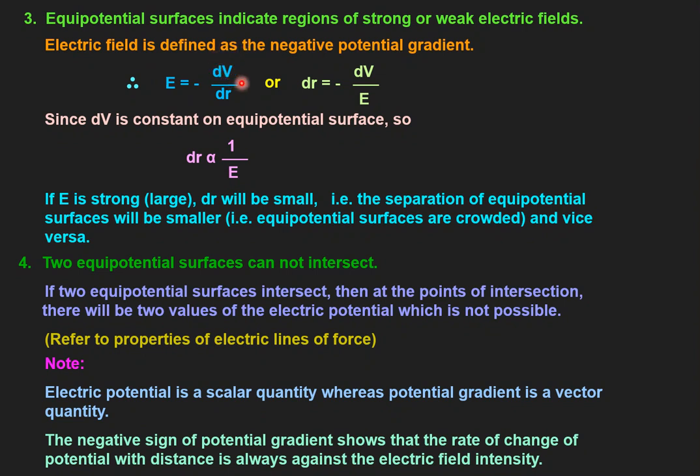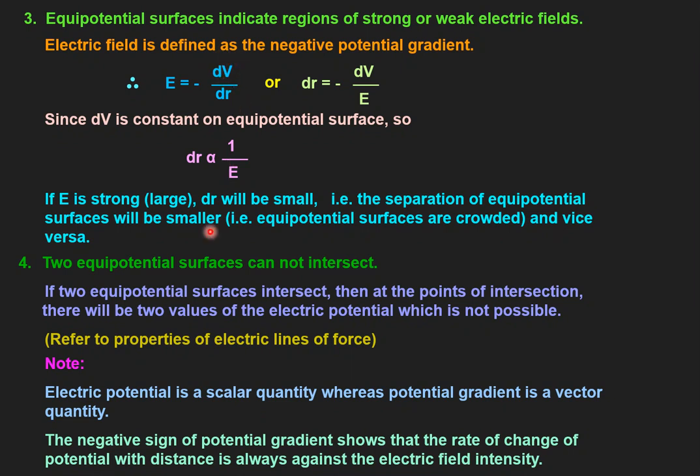Try to understand: due to a positive point charge, this is the direction of electric field, radially outward. But along that direction, if you keep calculating electric potential, its value keeps on reducing. So that's why we can say electric field is in the direction where the electric potential is decreasing at the maximum rate.